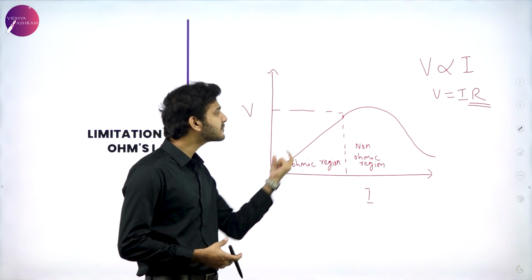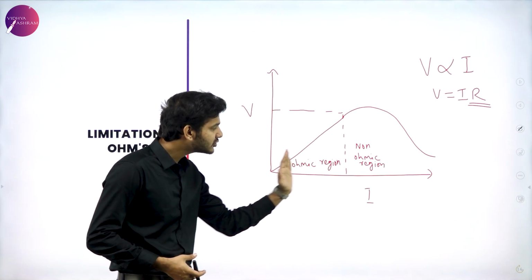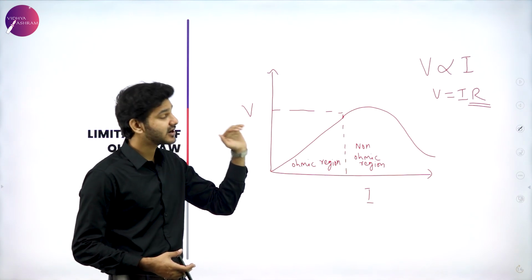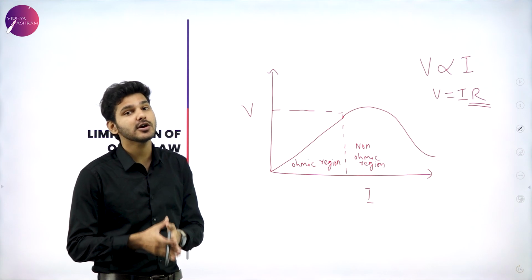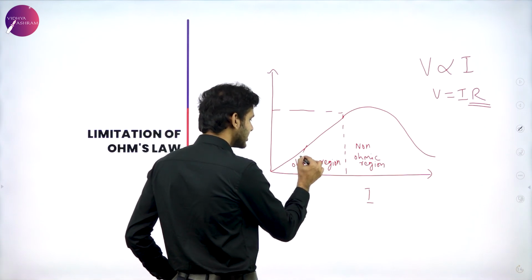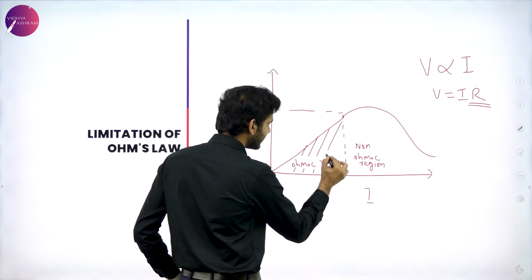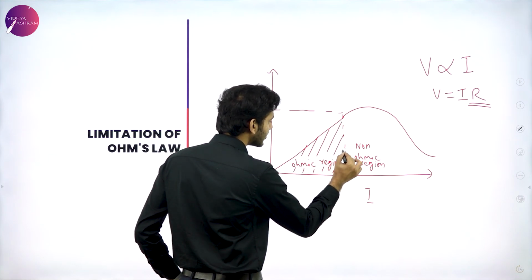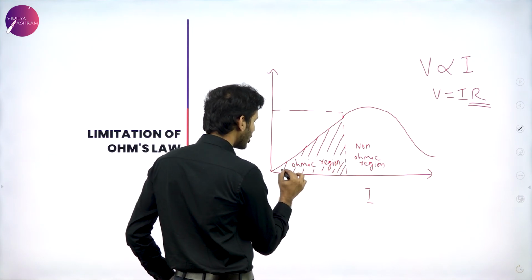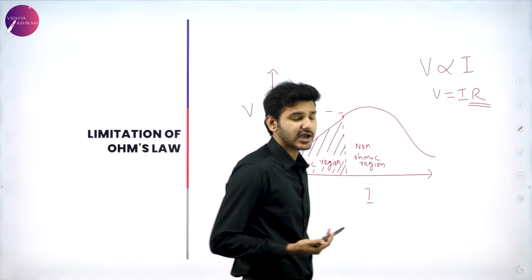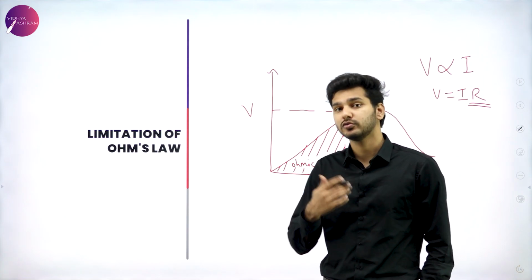That is why up to the ohmic region, Ohm's law is held and obeyed, but after which Ohm's law is not being obeyed. So this region is known as the ohmic region, and the region which does not obey Ohm's law is known as the non-ohmic region.